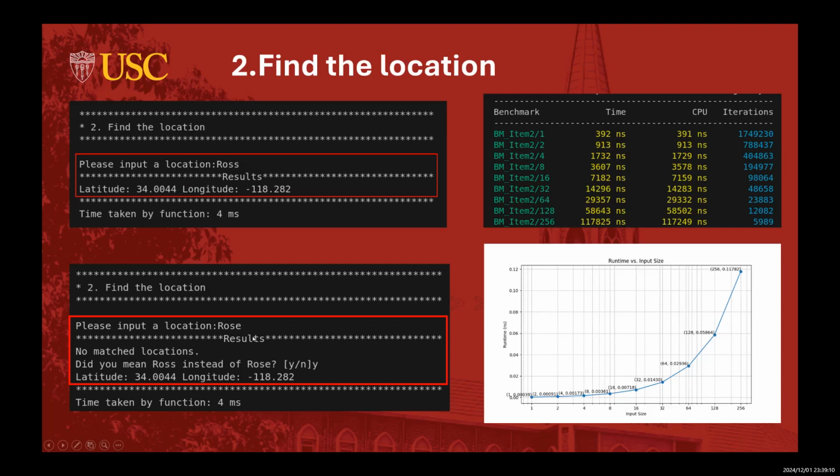In the second example, we input ROSE rows, and the program will remind the user: do you mean ROSS instead of rows? This will help me to always get the right coordinates of the locations.